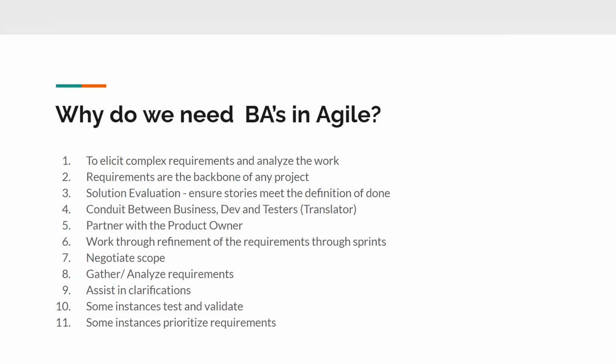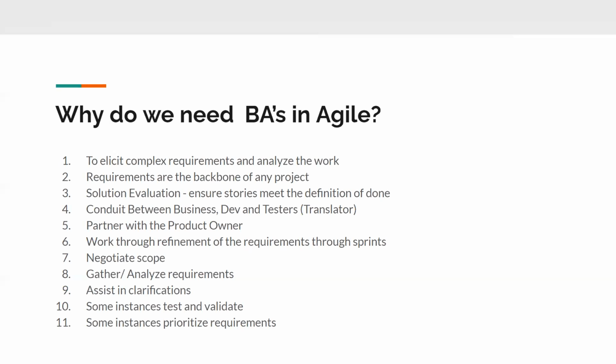So why do we need BAs in Agile? There are a couple of points you can make your case to. One is to elicit complex requirements and analyze the work. Two, requirements are the backbone of any project, as I mentioned earlier. Three, solution evaluation, so ensure stories meet the definition of done. Many times the team, or the Scrum Master, coaches the team.